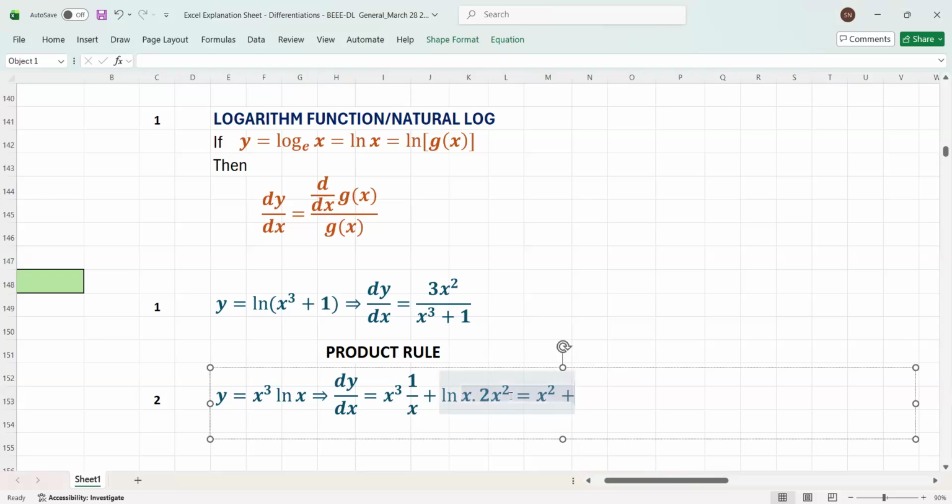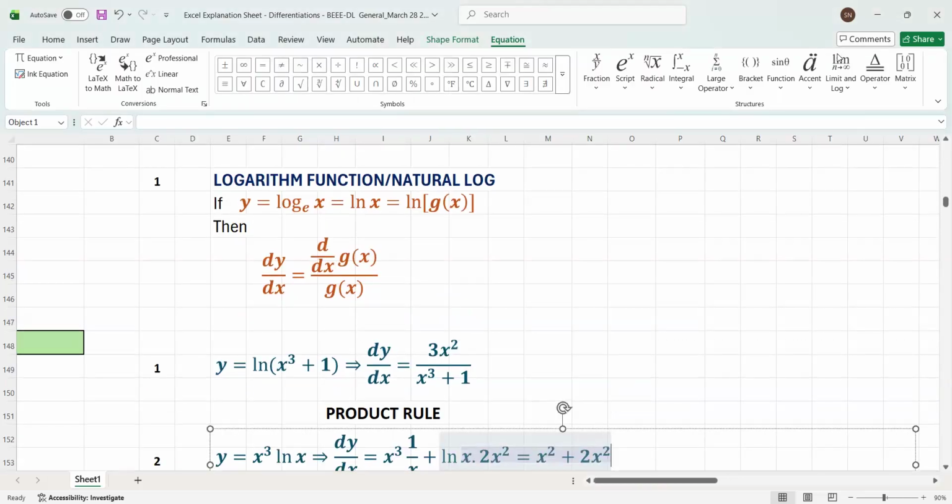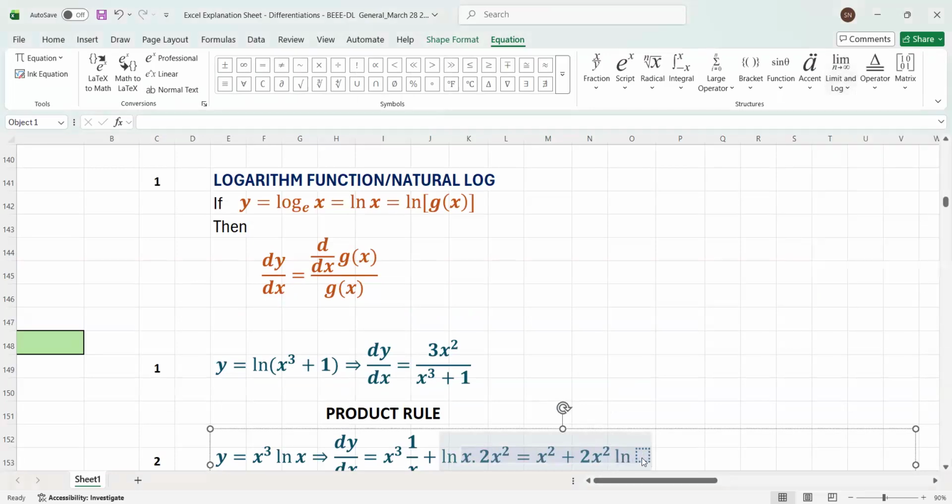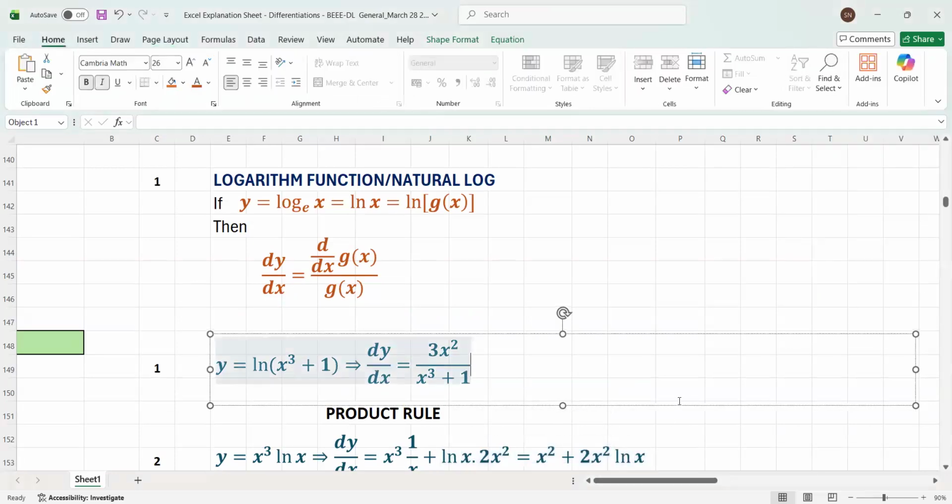Natural log of x multiplying 3x squared. So you can write it as 3x raised to the power 2, all times the natural log of x. And that should be the differential of this function.